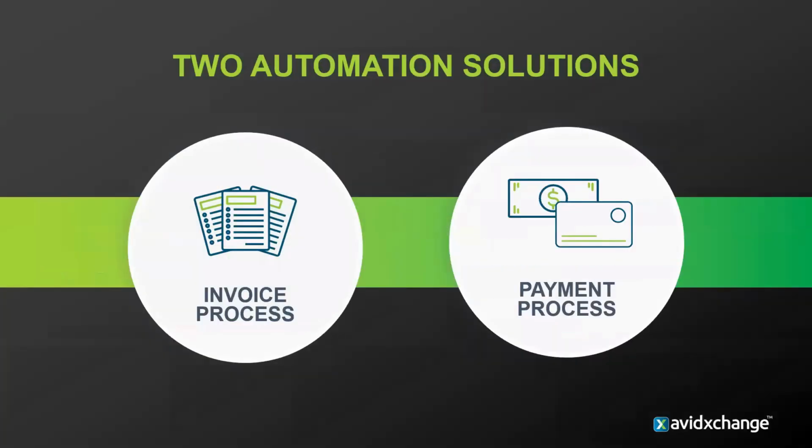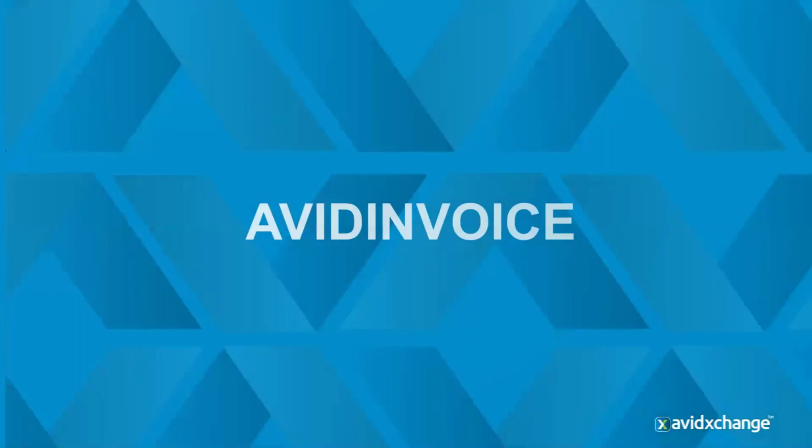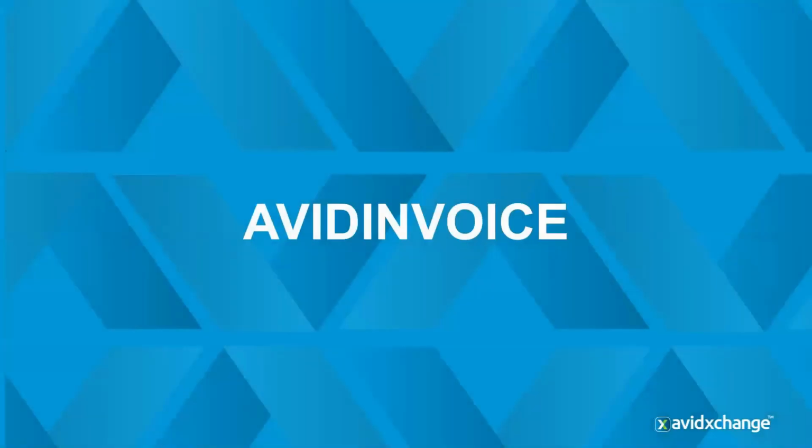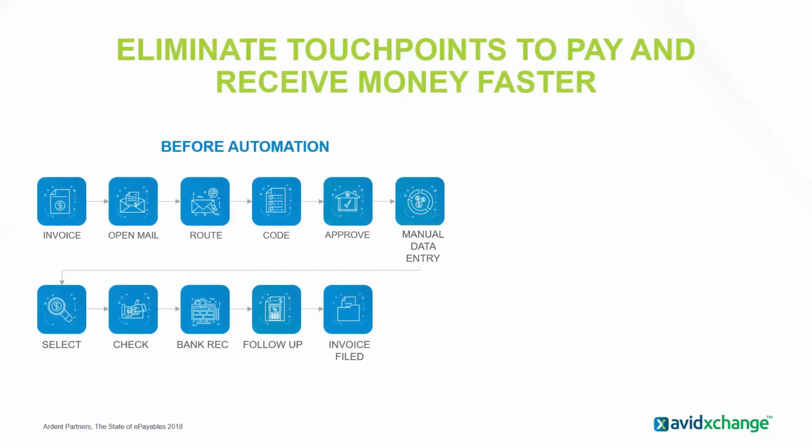When we talk about automation, there are 2 automation solutions, invoice and payment. Both represent the full AP process. So from an invoice side, what we're doing is allowing companies to really eliminate the manual process of an invoice workflow.